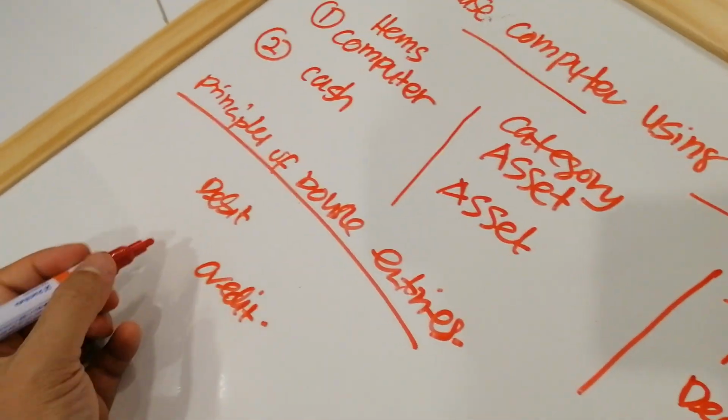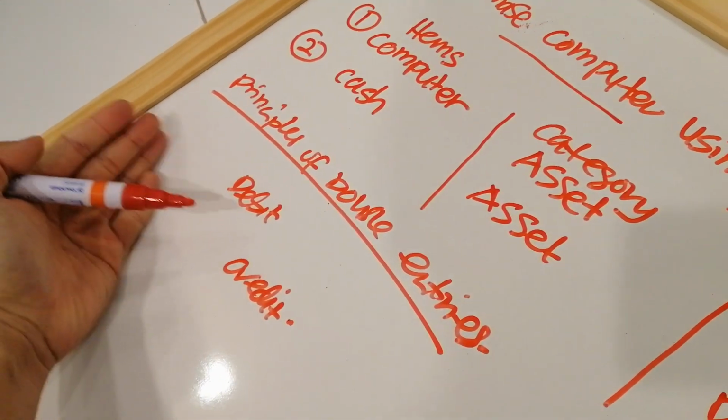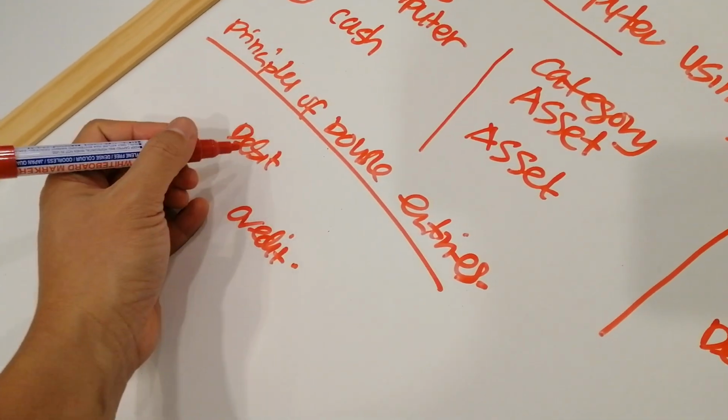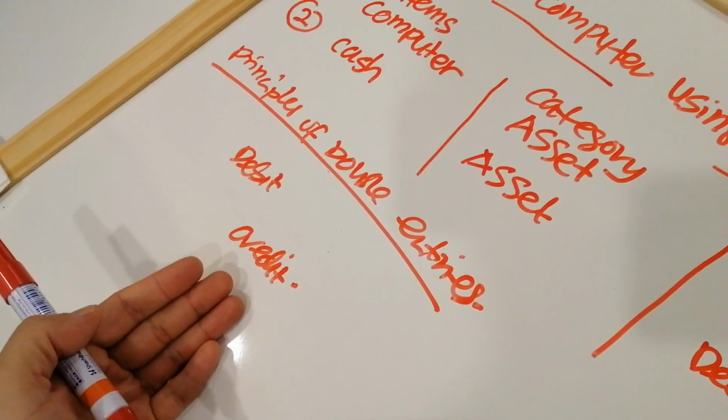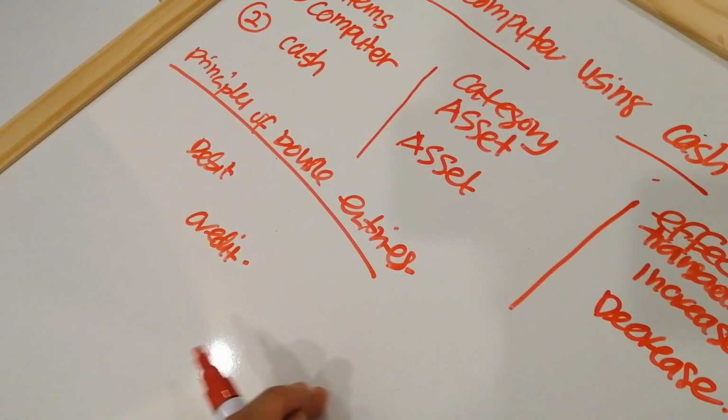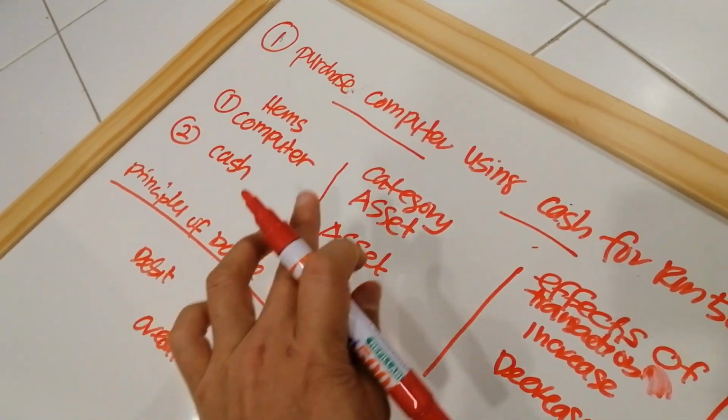Okay. So, normally debit ni ke kiri sikit, ke credit ni ke kanan sikit. To represent yang cakap tadi, debit ni belah kiri, credit ni kanan. Dia tak boleh straight. Ya? Dia tak boleh sama.